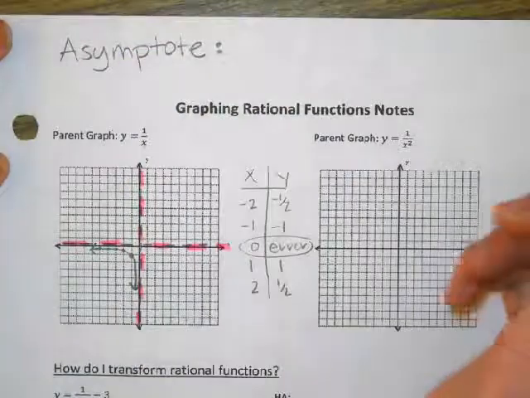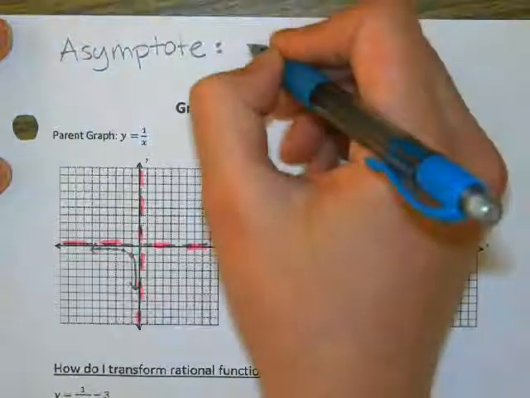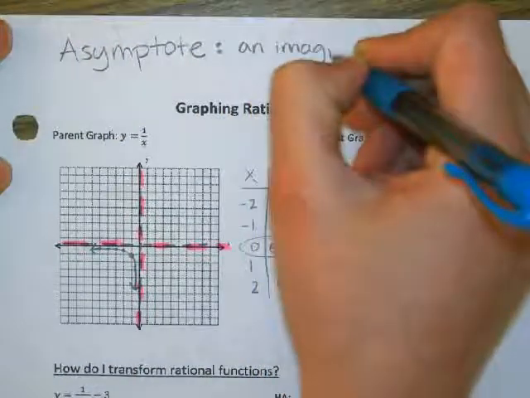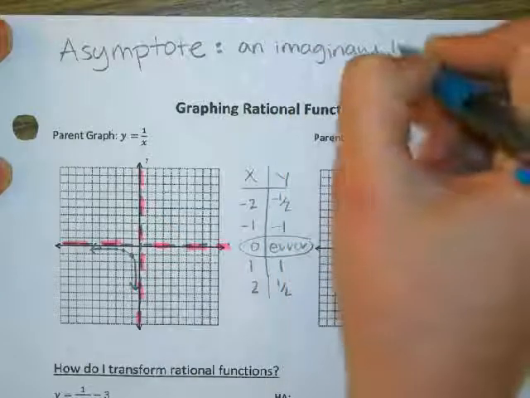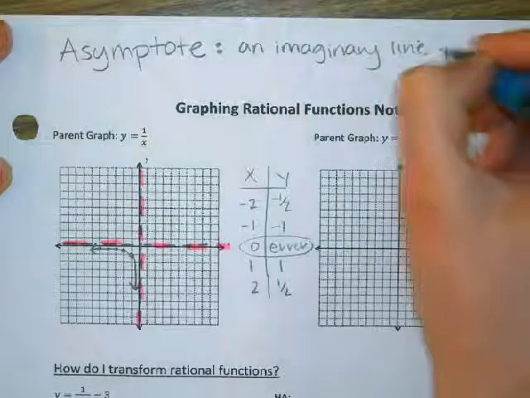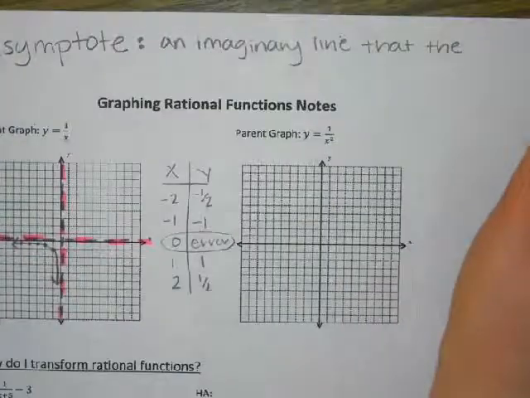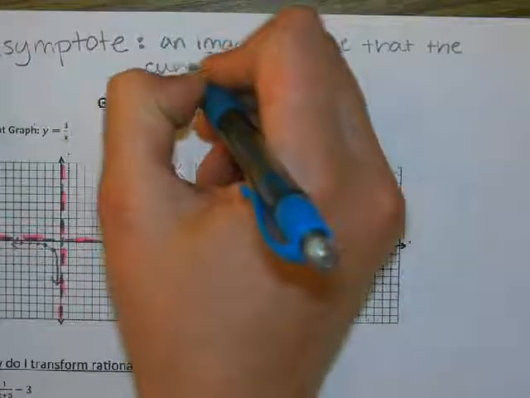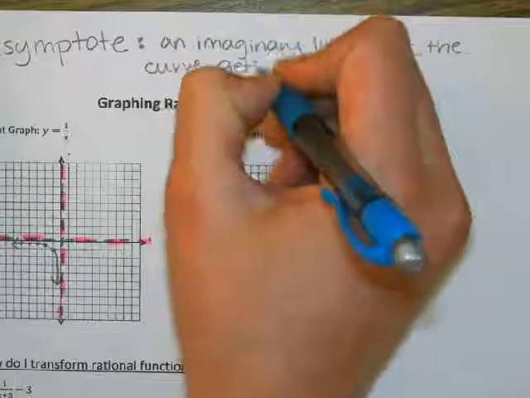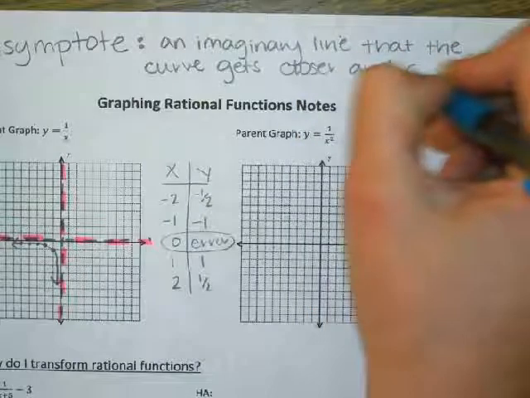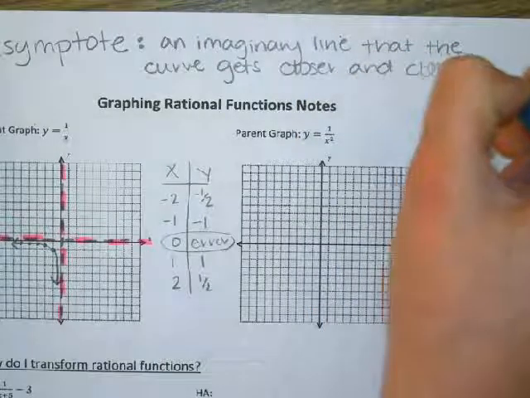An asymptote is an imaginary line that the curve gets closer and closer to.